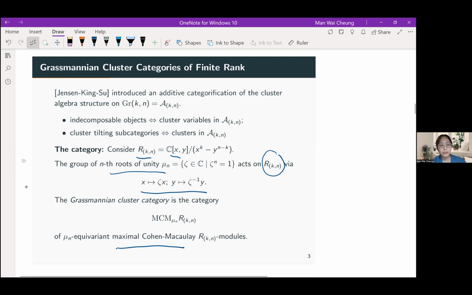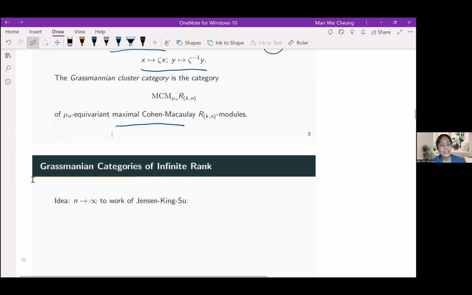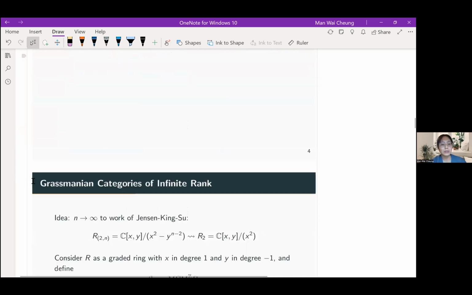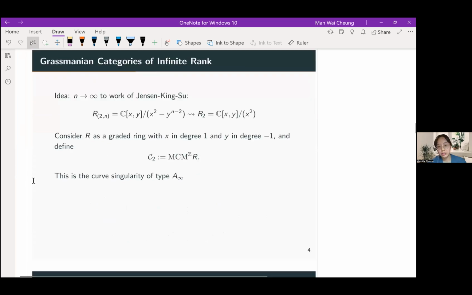To think about the A infinity category, we want to push n to infinity in the work of Jensen-King-Su. Today we focus only on the type A case, so we are thinking of Grassmannian 2n, and this is the ring that we have.